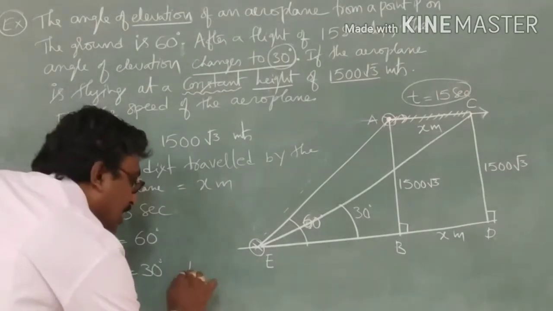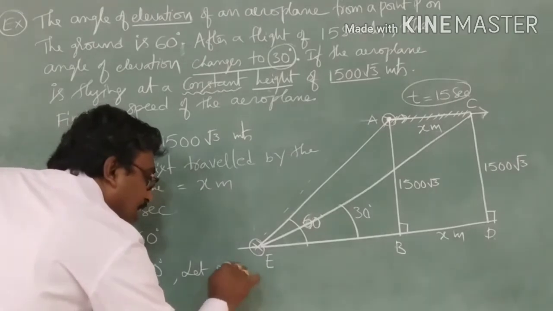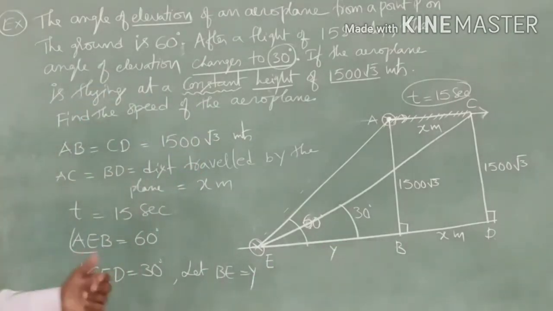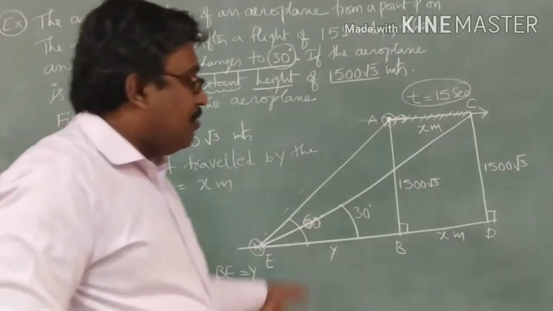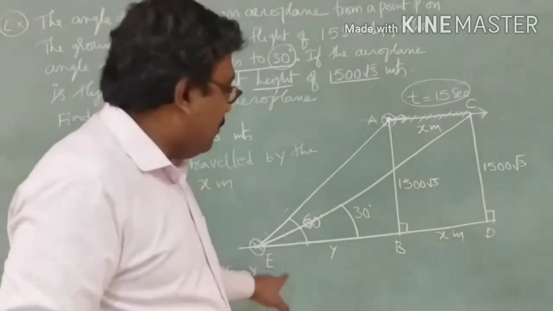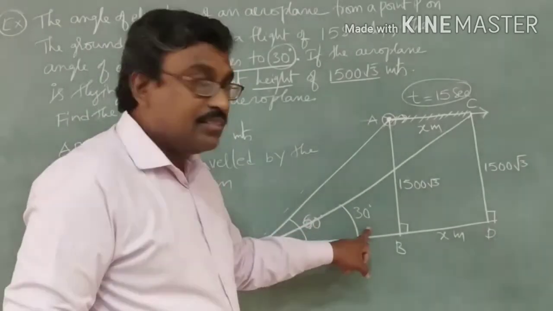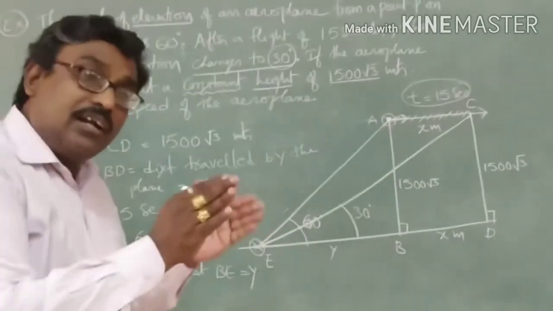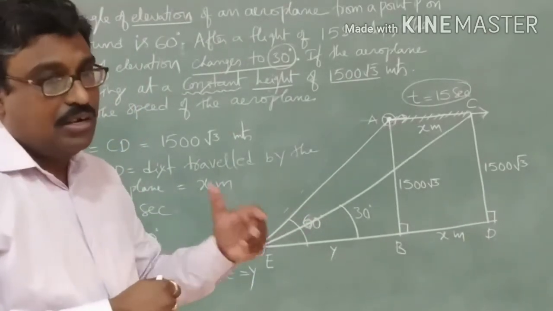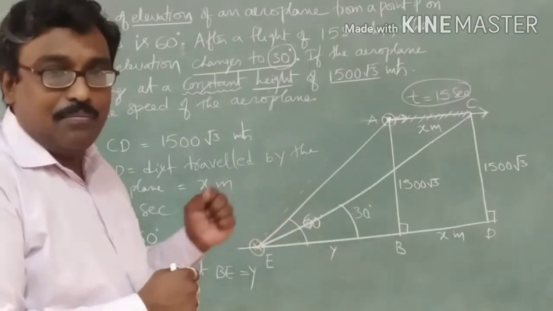And let BE be equal to Y. Now I need to solve for the value of x. For that, two angles are given, 60 degrees and 30 degrees. I should take the triangle including 60 degrees and the triangle including 30 degrees to solve the sum.